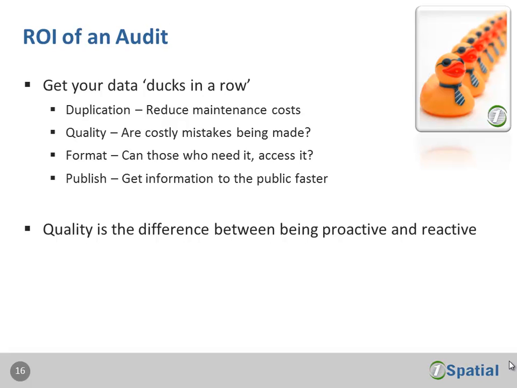Ultimately, the end game is generally publishing that information, and it needs to be fit for purpose and of an appropriate quality before you can start publishing it out into the public domain. Generally, getting your quality right is the difference between proactive and reactive processing or progress with your data.